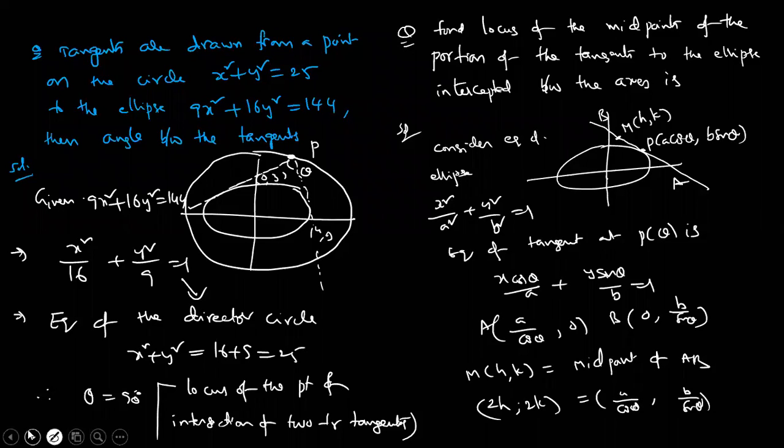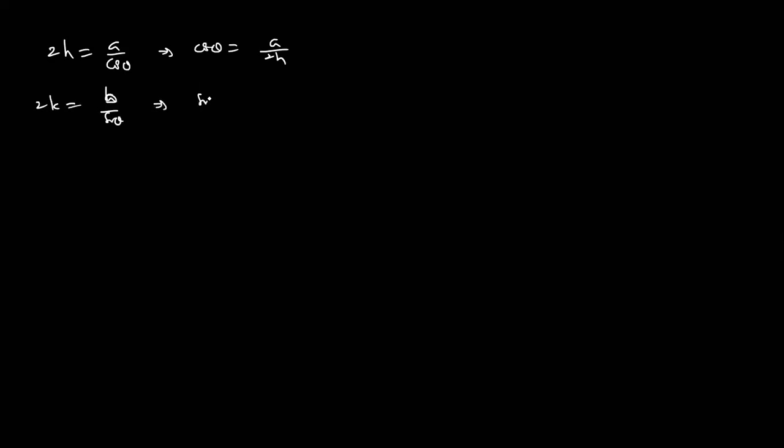Now, 2h is equal to a by cos theta, so cos theta is a by 2h. 2k is equal to b by sin theta, so sin theta is b by 2k.